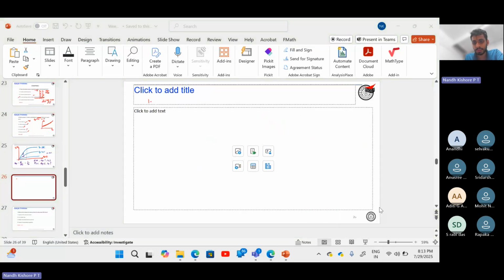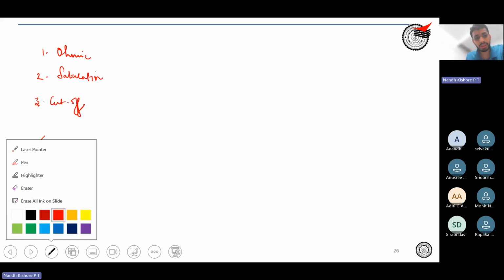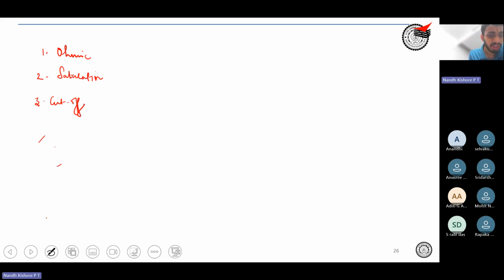Yeah. So see, a device operates in 3 regions: ohmic, saturation, and then cutoff. Correct. So in these 3 regions, you can approximate the device into 3 equivalent models, correct?